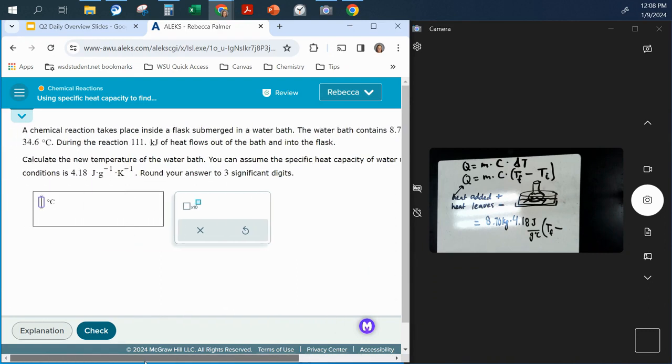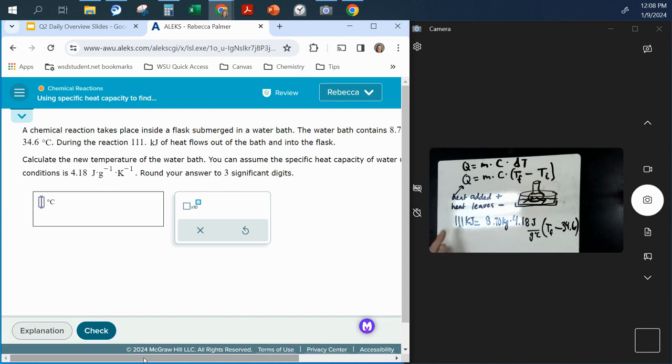Initial temperature is 34.6. We don't have to convert to Celsius because the temperature scales are the same for Kelvin and Celsius. We're just finding the difference. And then it says 111 kilojoules of heat flows out of the bath into the flask.